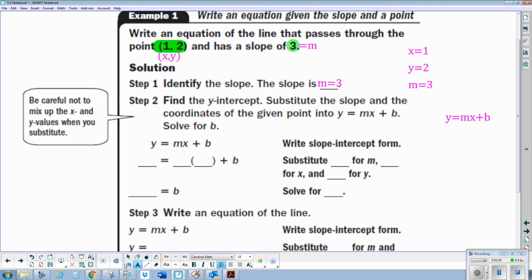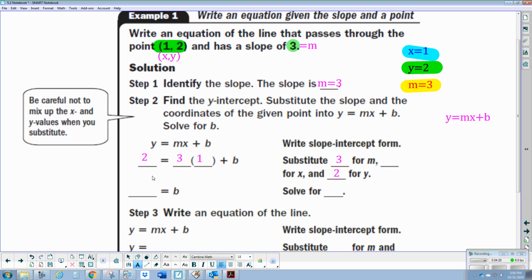Again, we know y. Y is 2, so let's substitute in 2 for y. We know m. M is 3, so we're going to substitute 3 for m. And we know x. X is 1, so we're going to substitute 1 in for x.